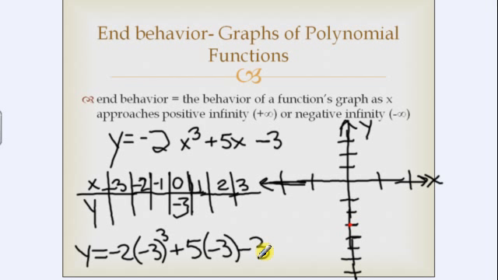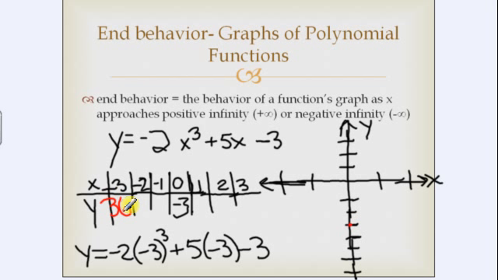I'll plug that in. I can either use my calculator or evaluate that by hand, and then I'll put that value into my table. Go ahead and see what you get. I got 36. If you got 36 as well, go ahead and continue with the rest of the table. Plug in negative 2. Go ahead and pause, fill in the table, then we'll compare.